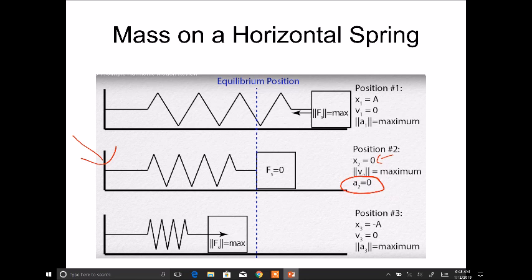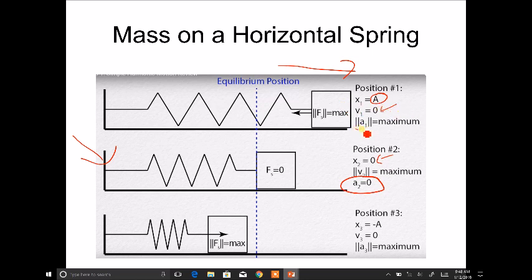Well, now let's say we take the object and we stretch it over here to the right. So we stretch the spring. So now we're at our maximum displacement. Remember, we call that maximum displacement the amplitude. And now we let the object go. At the moment we let it go, the speed is going to be 0.